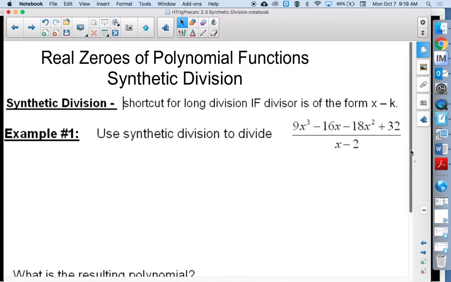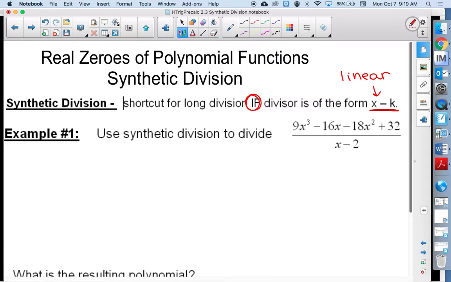Period. But there is a big if, and I made that if uppercase. That if is because it only pertains to one form. The only way that we can use synthetic division is if our divisor is in the form x minus k, which means it must be linear.